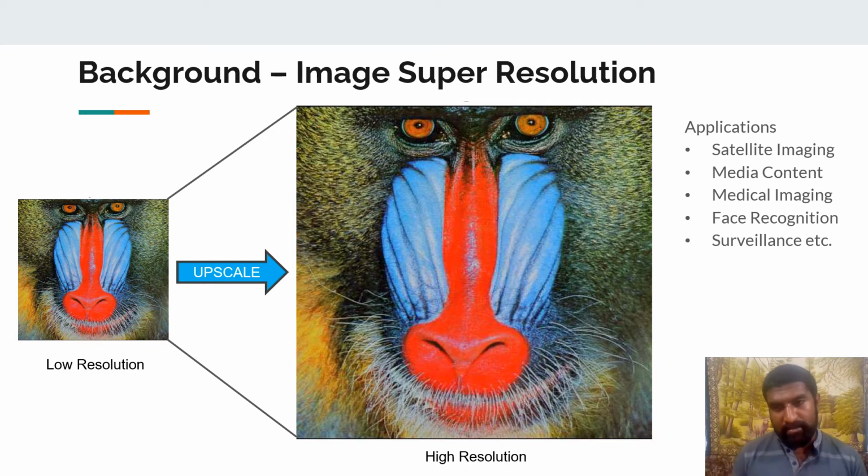They vary from satellite imaging, where we need to improve the resolution so that we can view the details, to improving the quality of media content and medical imaging. There are use cases in face recognition, surveillance, and lots of other fields as well.